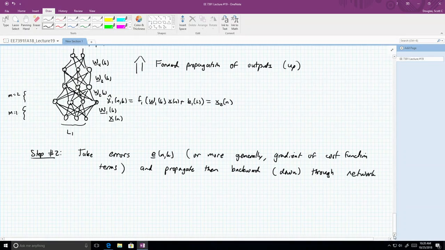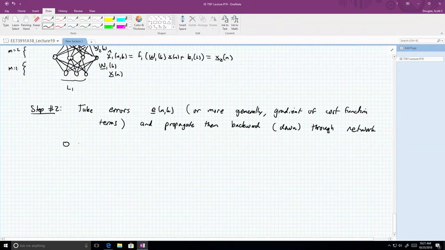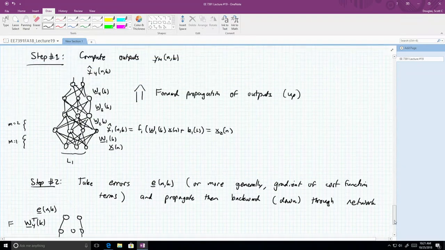So the idea here, and the reason why I wanted to draw this, is I'm not going to draw the whole thing again in terms of all the interconnections, but I'll draw at least the nodes, and then I'll kind of outline it that way. What's happening is we have kind of an E of nk, and then we're going to multiply that by a W4 transpose of k, right? And then, of course, we have some nonlinearities, the resulting f up here.